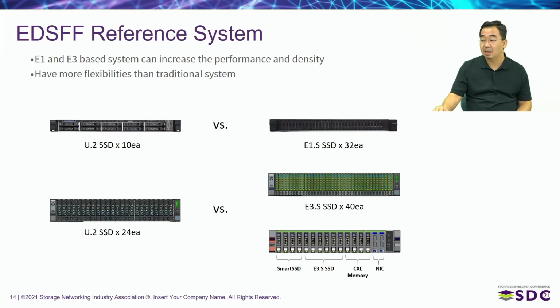As you can see, a traditional U.2 1U system can accommodate 10 SSD devices, while E1.S can accommodate 32 SSD drives. With E3 devices, you can not only increase the SSD density, but also transform the system for various applications.